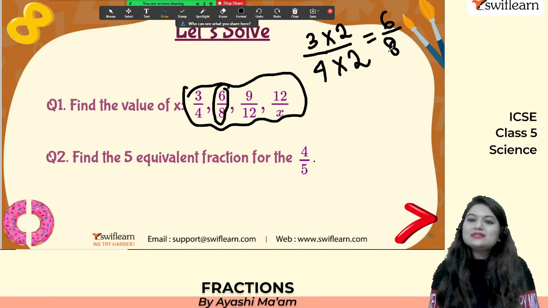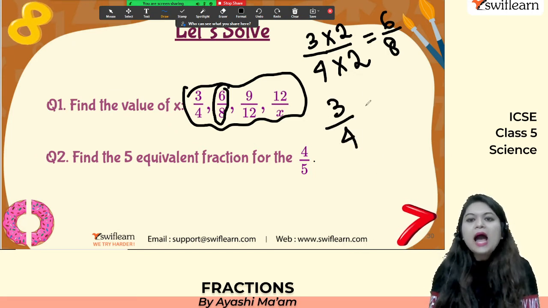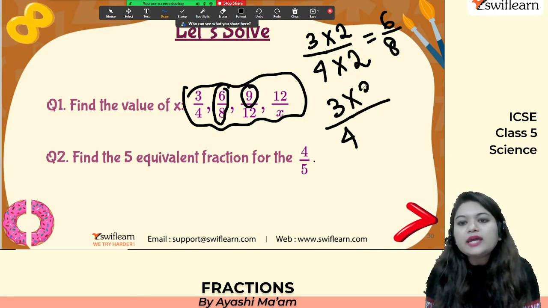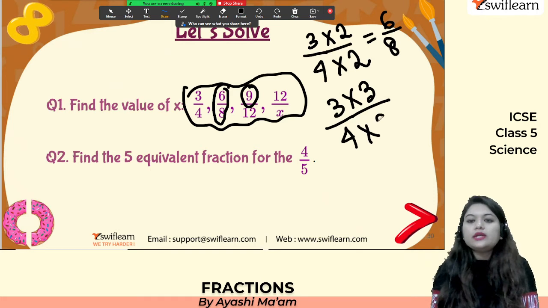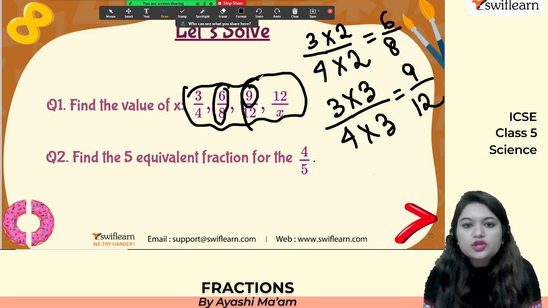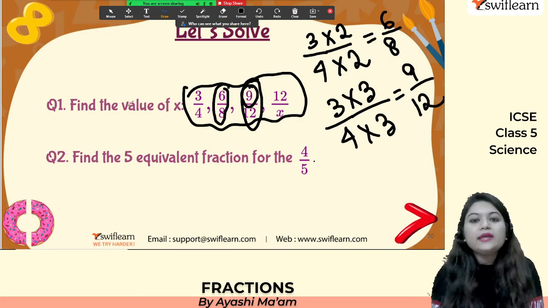Right? Simple. Again, you take this first fraction, and we have already multiplied it with 2. Now to make this 3 into 9, we can multiply both the numerator and denominator by 3. So 3 times 3 is going to give you a 9, and 4 times 3 is going to give you a 12. See, here you have your answer 9 by 12 by multiplying this 3 by 4 by 3.